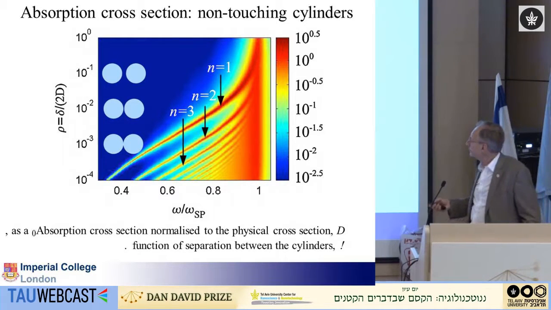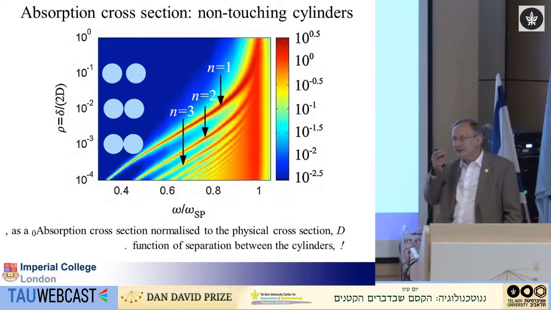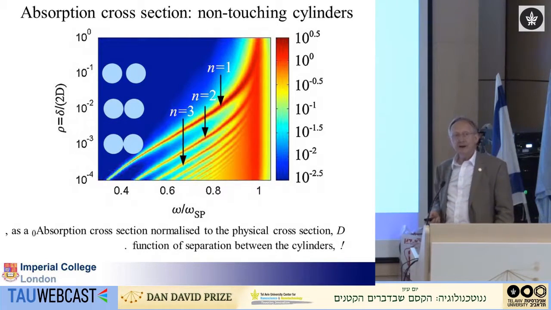Here's a plot of what happens if you bring two cylinders together. When they're far apart, there's just the single dipole resonance of the cylinder, but as you bring them together, the modes spread out, and eventually they merge into a continuum. This is a very interesting system mathematically, because when two cylinders touch, they're a finite object, but they have a continuous spectrum.